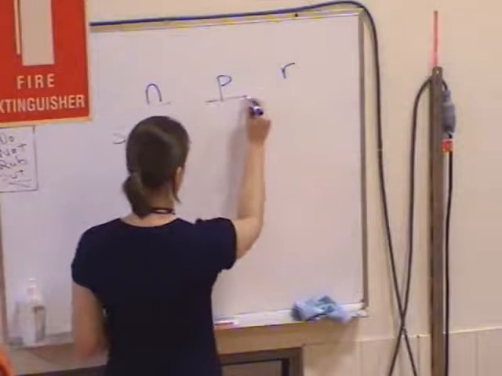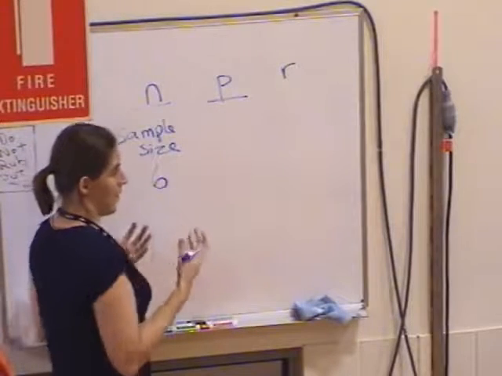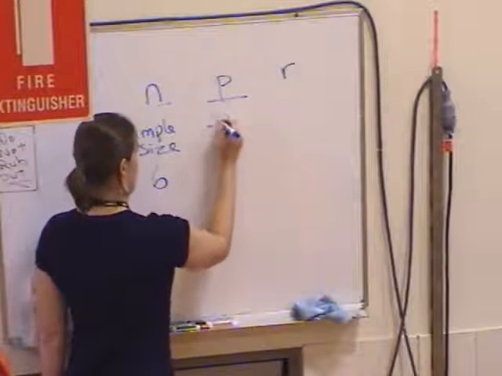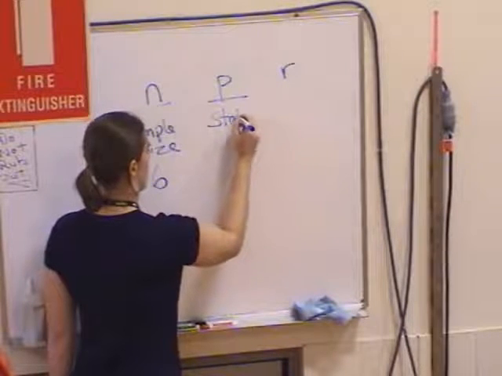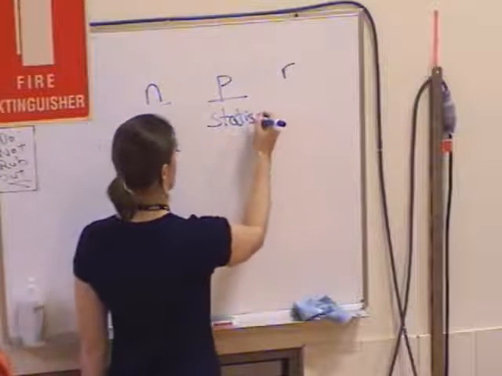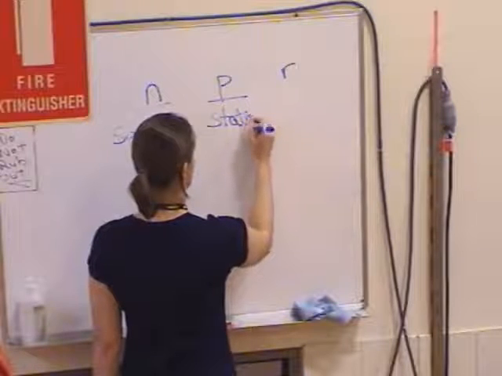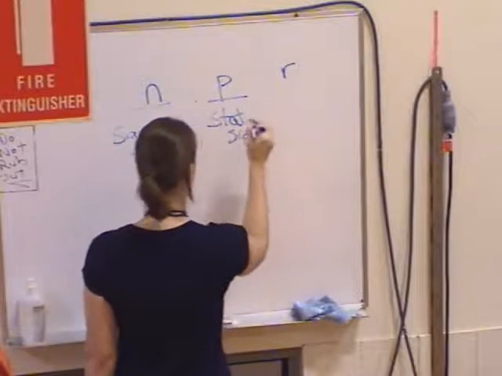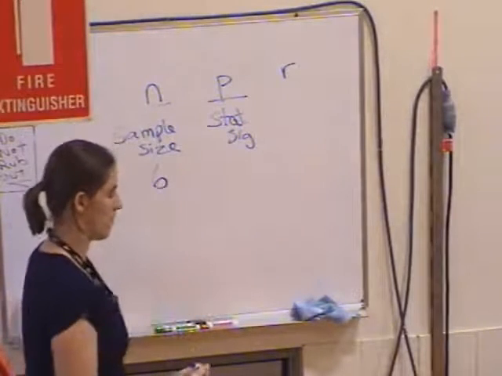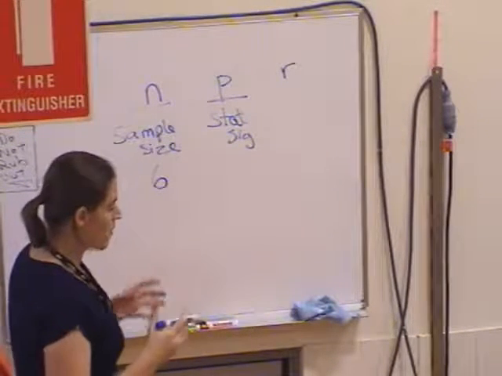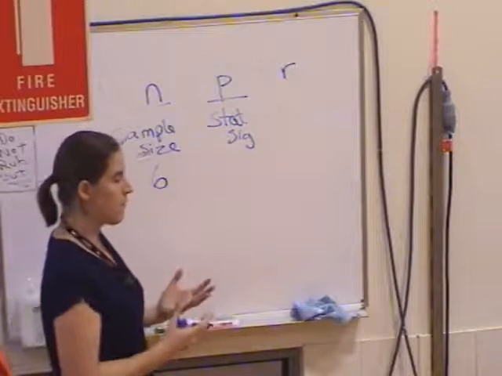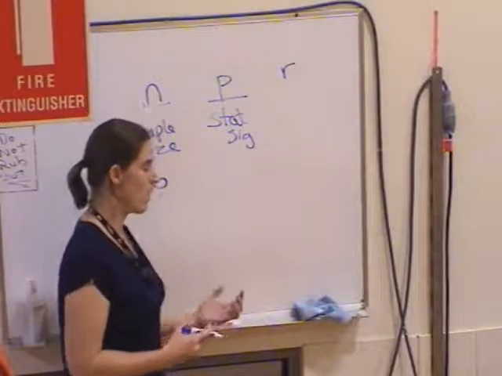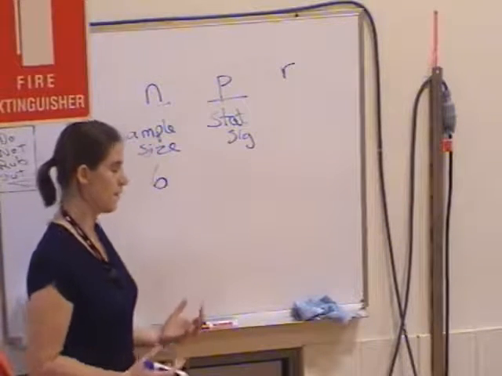The second is P. P-value can mean many different things, but the main thing is it tells you if it is statistically significant or not. Statistics has such a unique language that you have to know how to interpret their lingo to get anything from it.